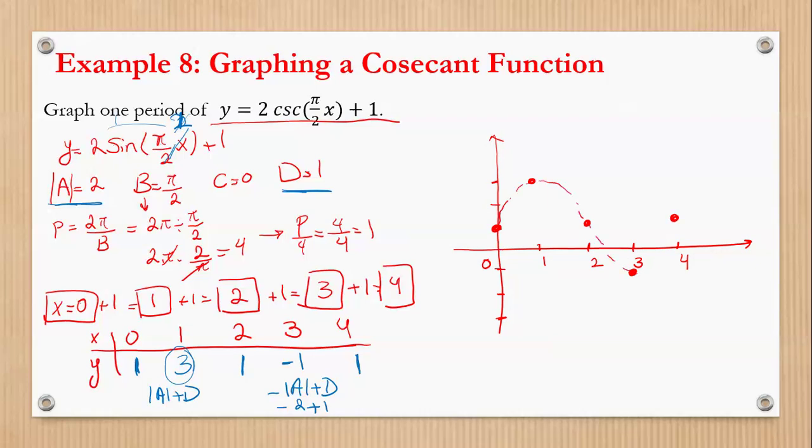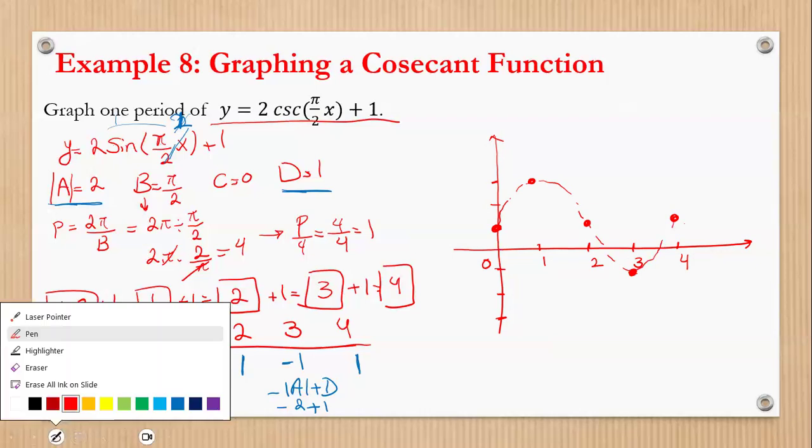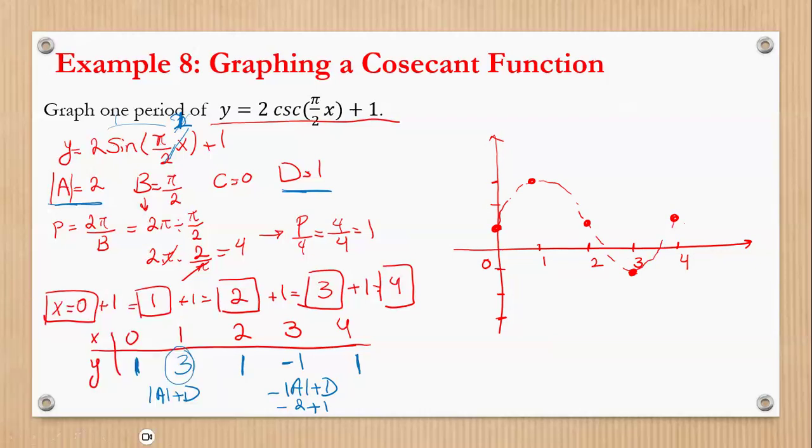After graphing the sine function, we can graph the asymptotes, because we know that these points are the asymptotes. They were supposed to be the x-intercepts before having a vertical shift.